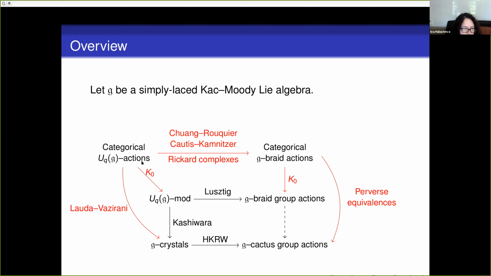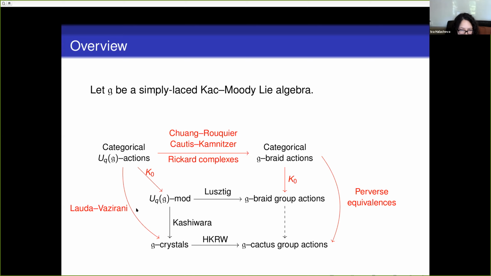Given such a categorical quantum group action, work of Chuang, Rouquier, and Cautis and Kamnitzer shows that you can build certain perverse equivalences called Rickard complexes. They satisfy, in fact, the braid group relations. So from a categorical quantum group action, you can get to a categorical braid group action.